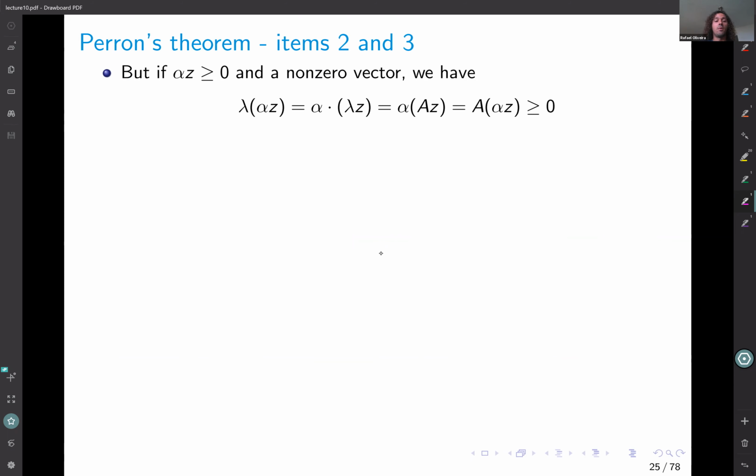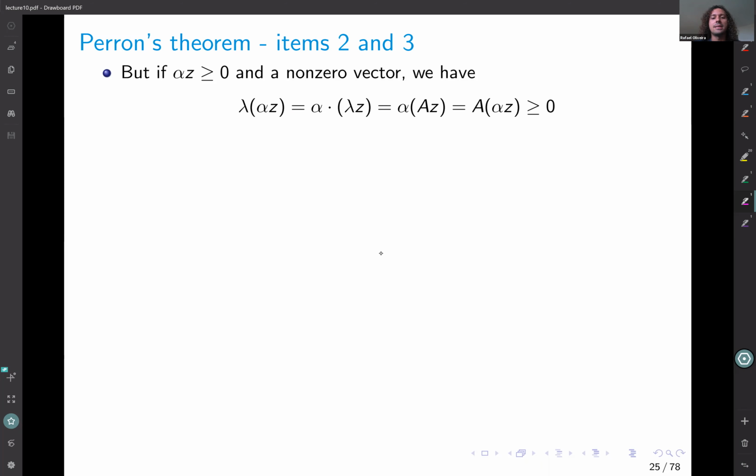So we have that lambda times alpha times z is equal to, remember, alpha is a scalar and lambda is also a scalar, so they commute, alpha times lambda times z. But because z is an eigenvector, lambda times z is equal to A times z.